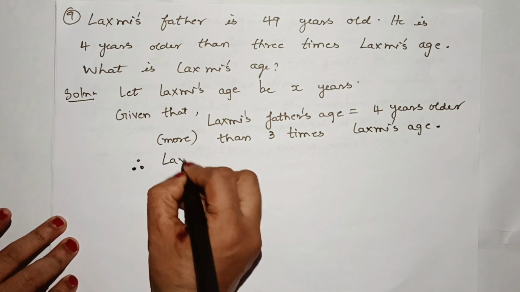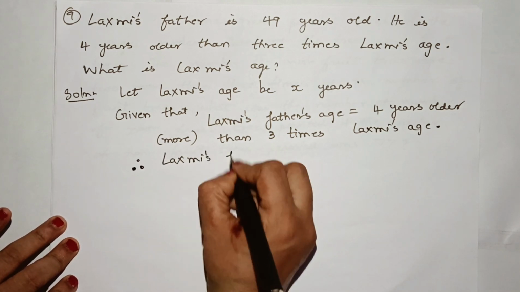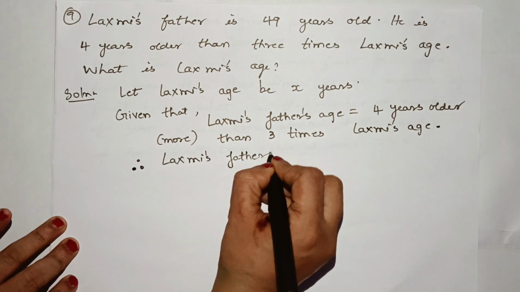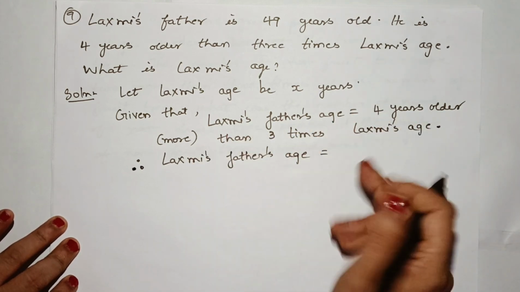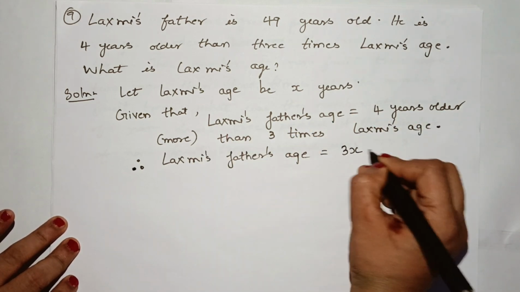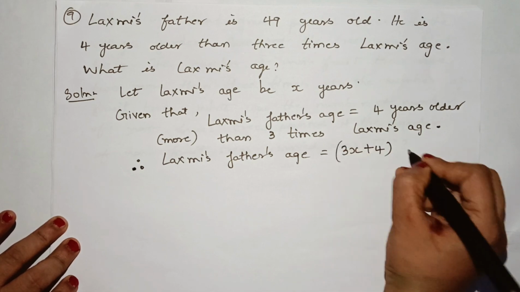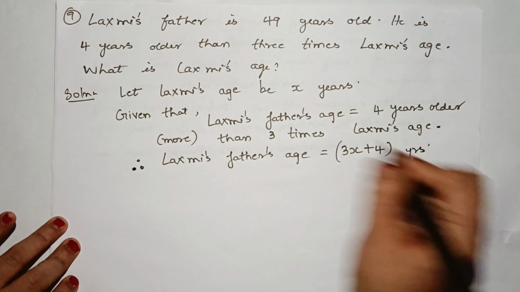Older means more. Therefore, Lakshmi's father's age is 4 years more than 3 times, so 3x plus 4 years. So this is one algebraic expression.